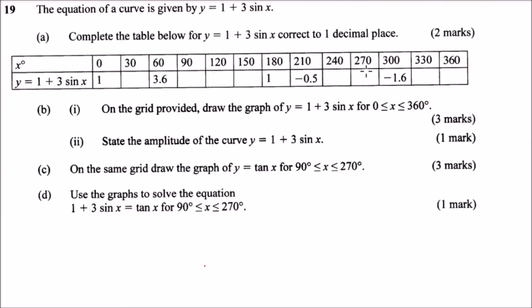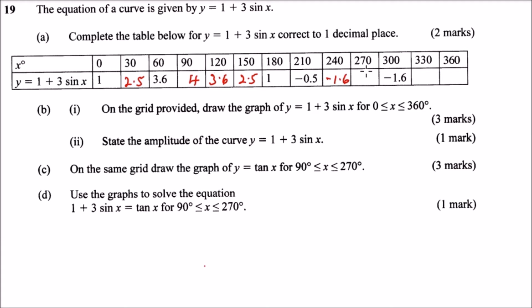For example, when x is 30, we should get 2.5. When it comes to 90, you get 4 just by using the calculator. 120, you get 3.6. Then 150, you get 2.5. Then 240, you get minus 1.6.